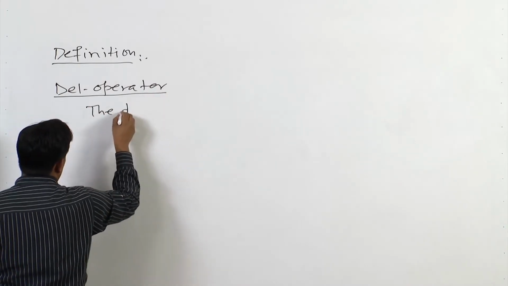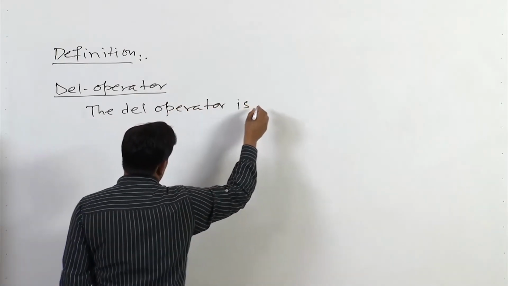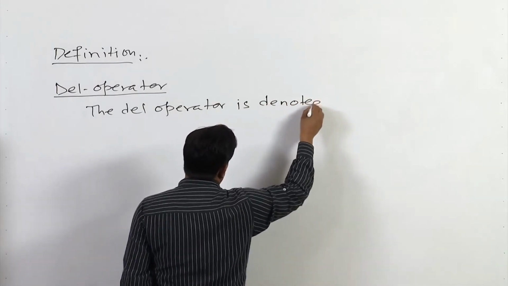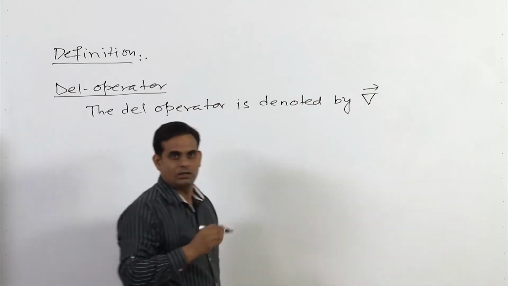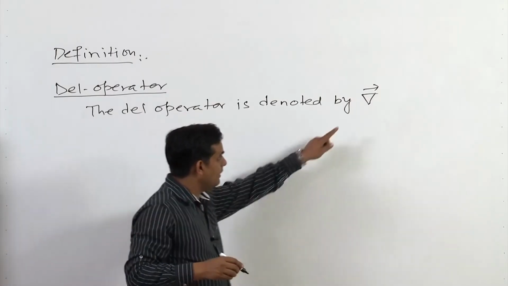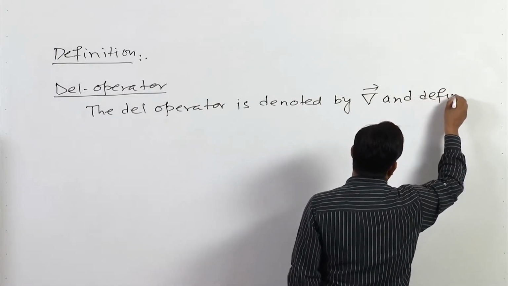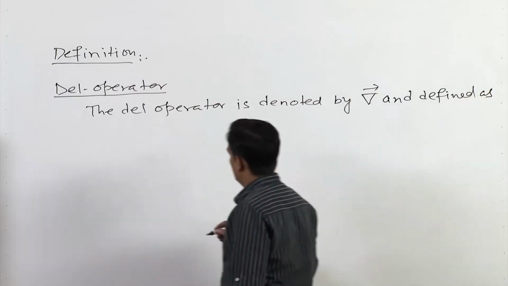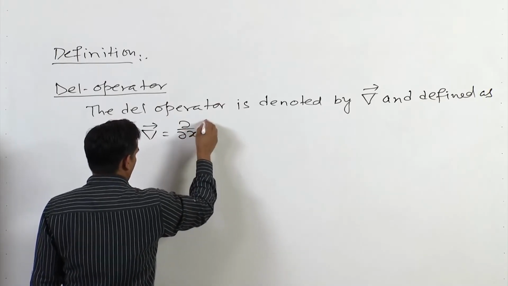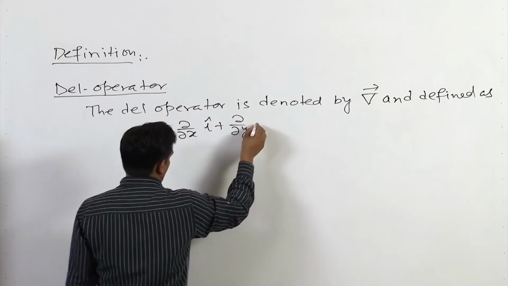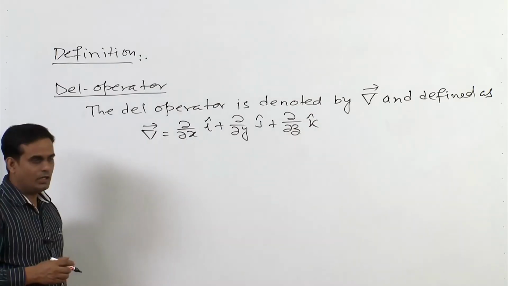The del operator is denoted by this symbol, nabla, and it is a vector, defined as follows.